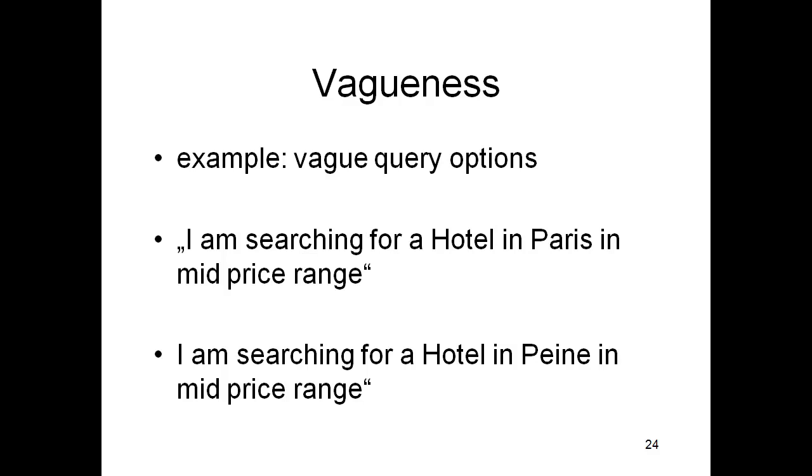So humans can use these vague terms very well for communication, but what does it mean for the computer system? What is interesting about the mid-price range here in these two examples?